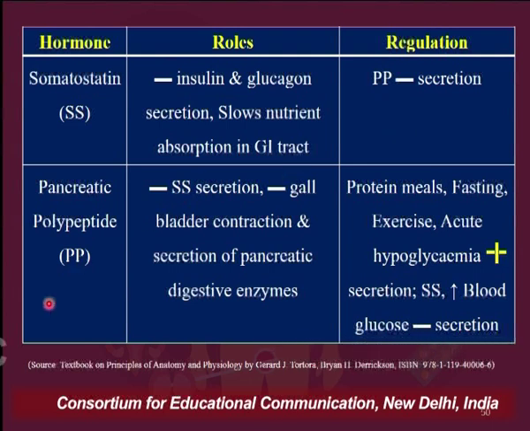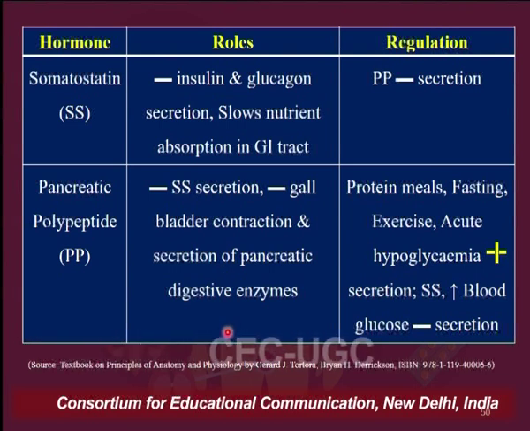So what is the function of pancreatic polypeptide? Definitely number one is inhibiting the secretion of somatostatin. Other than this, pancreatic polypeptide also plays a significant role in digestion and absorption. It basically inhibits the gallbladder contraction and secretion of pancreatic digestive enzymes.